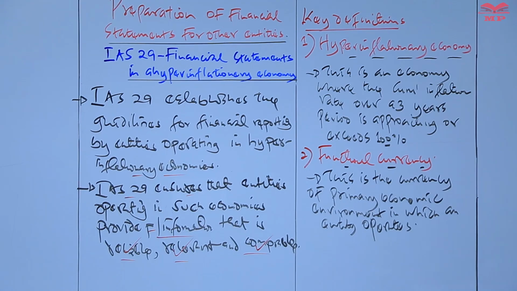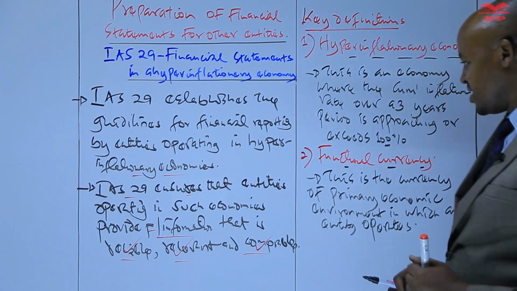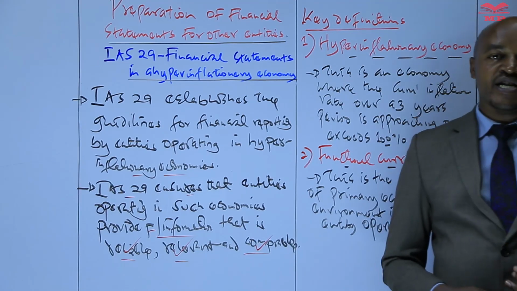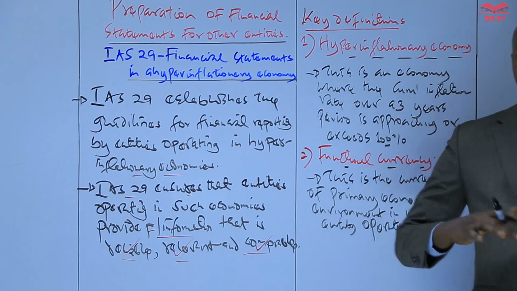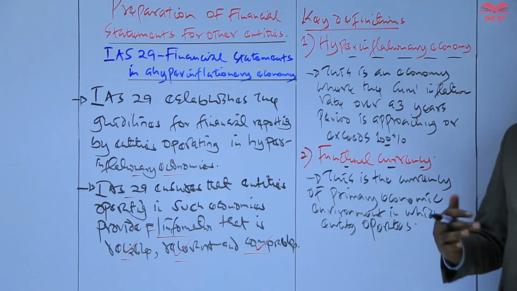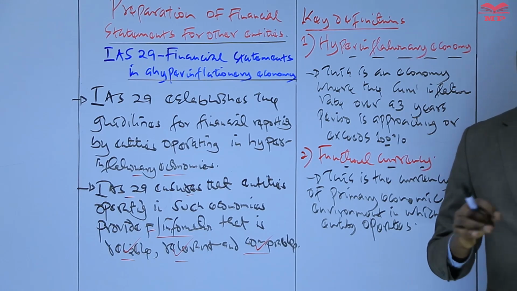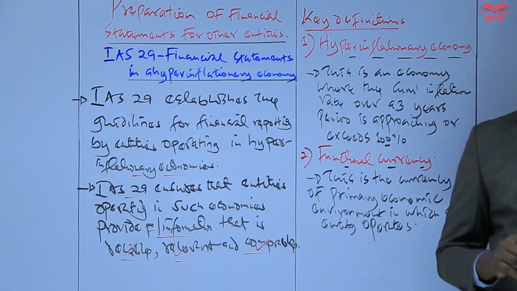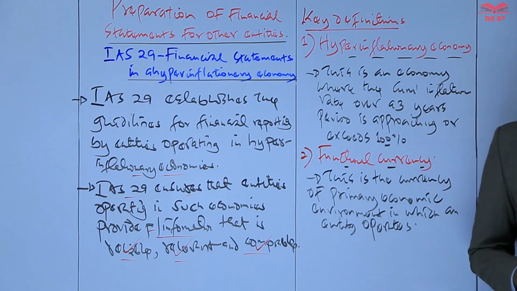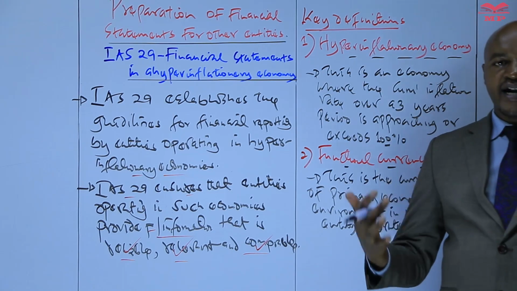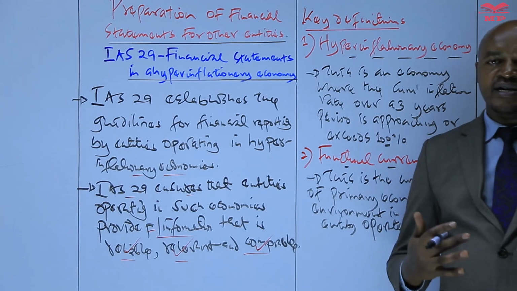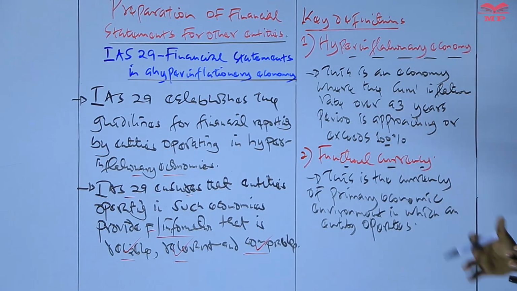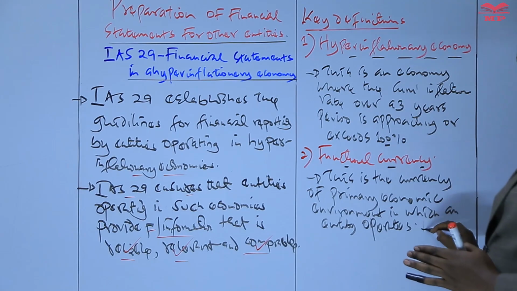Basically, what that means is that if, for example, a company is operating in Kenya, then its functional currency will be the Kenyan shillings, because it is the currency of the primary economic environment in which the entity is operating. In other terms, this is the currency of the country whereby the entity conducts its principal business activities.